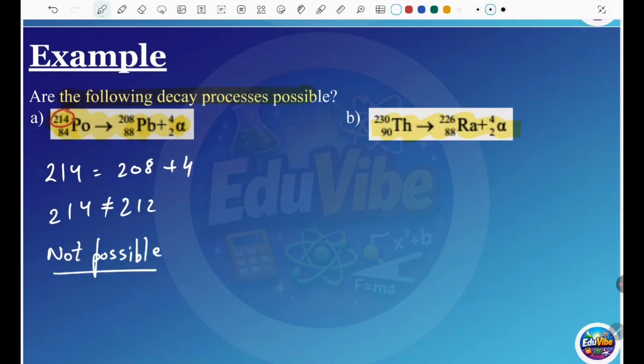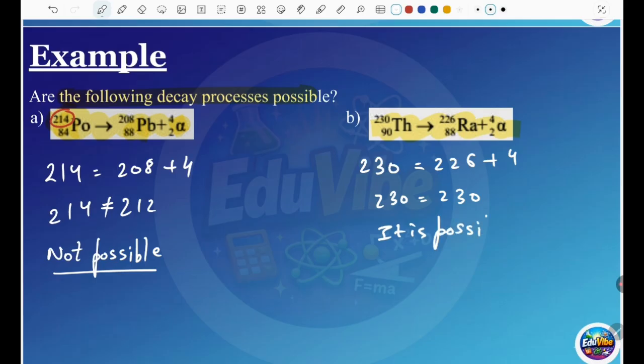In the next one, we have another equation. Again, we have 230 equal to 226 plus 4. You get 230 equal to 230, which says that it is possible. You can also check the lower number, the atomic number, which should also be equal.